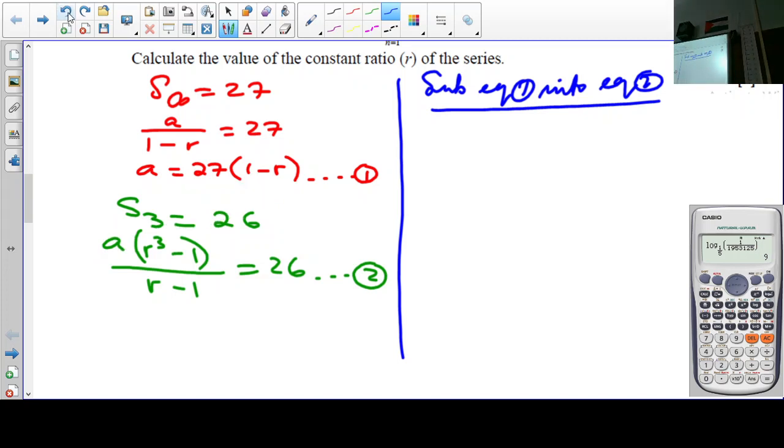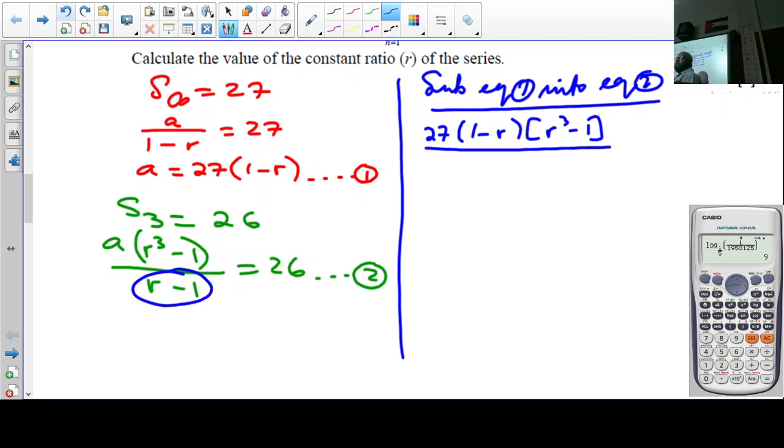And let's go with that. So it's going to be 27 into 1 minus R. Remember, that's your A value. Okay? Which must be multiplied by r cubed minus 1 over r minus 1.